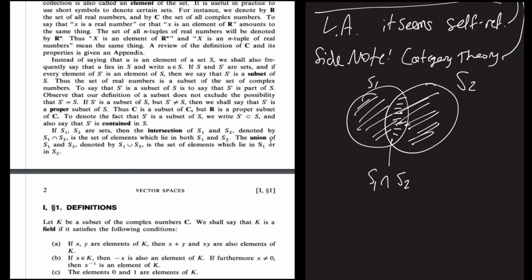Okay. And their intersection doesn't necessarily need to be filled, meaning they can be disjoint. Two sets could be disjoint. So if that's the case, S1 and S2, their intersection is going to be the empty set, so nothing. And that can happen.